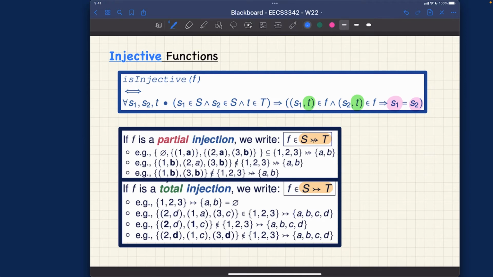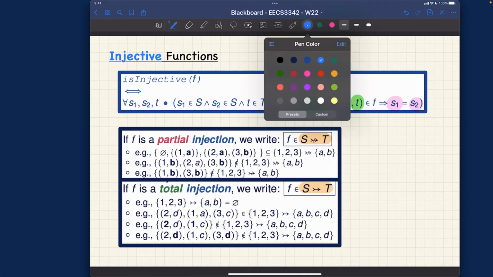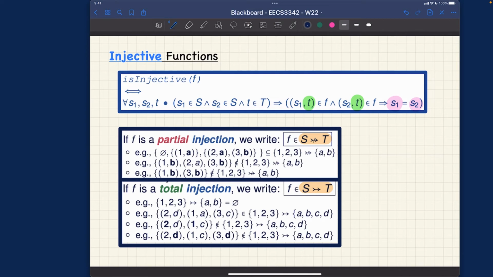To start with, let's recall how you write a partial function versus a total function. This is how you write a partial function from before, and this is how you write a total function over here.